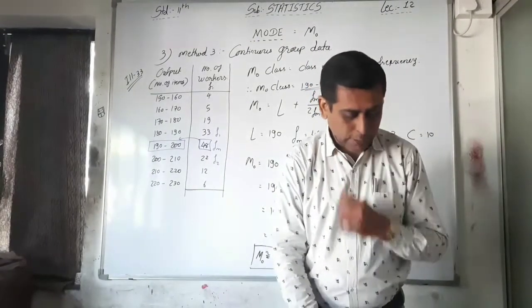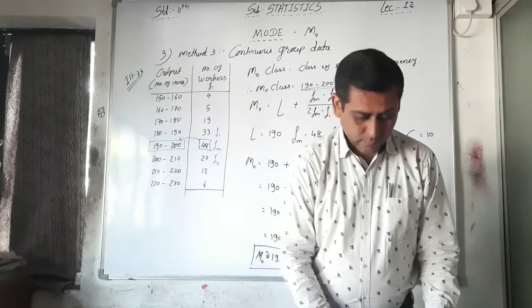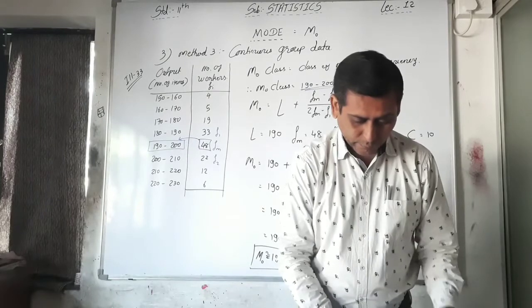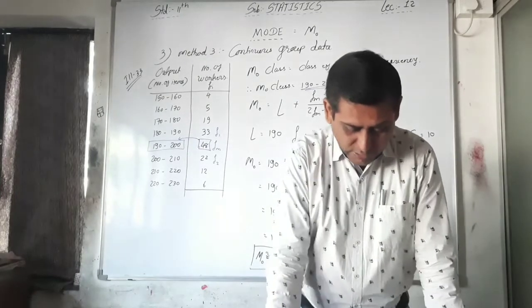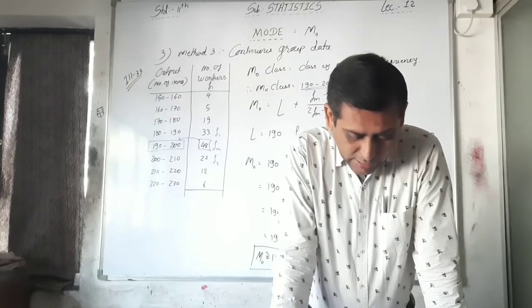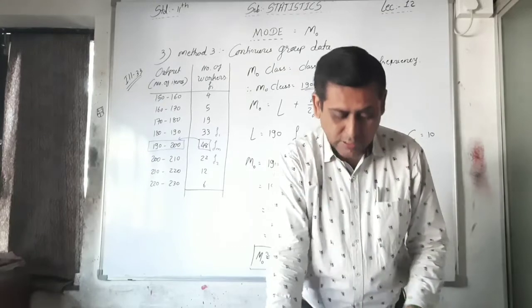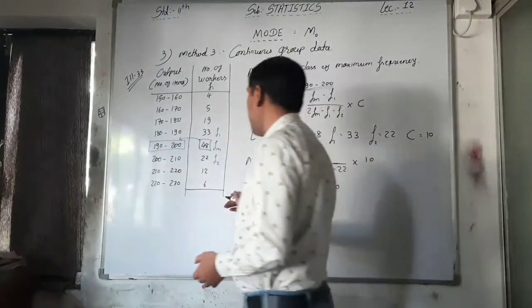Okay, so here is the time for homework. See the homework on page number 109. First question. The IQ levels of students in a class are given below. Find the modal value. See, this is ungrouped data.